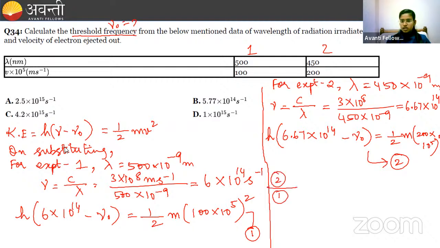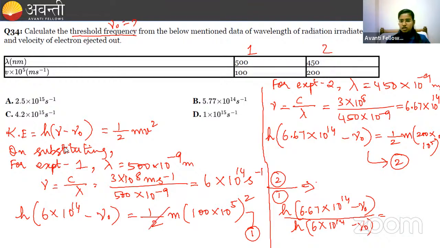So this will give us h into 6.67 into 10 to the power 14 minus nu naught divided by h into 6 into 10 to the power 14 minus nu naught, which is equal to this half m, and half m will get cancelled with each other.